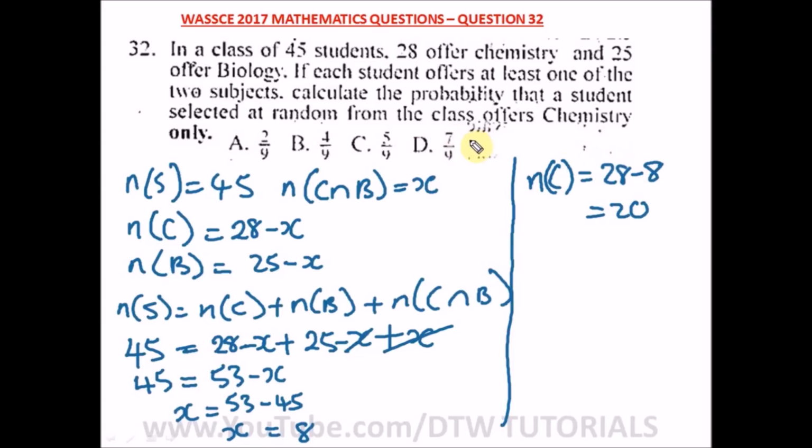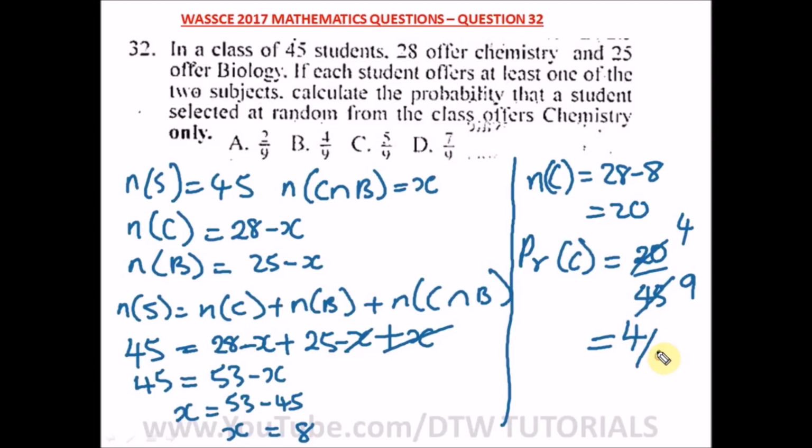So the probability that a student selected at random offers chemistry only is 20 over the total number of students. 5 can go into 20 four times, and 5 can go into 45 nine times. So our probability of chemistry only is 4/9, and our right option here is option B.